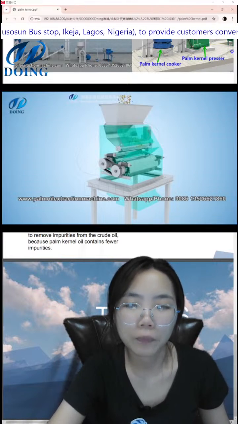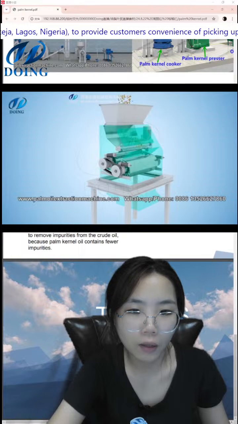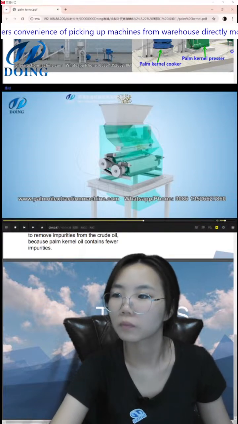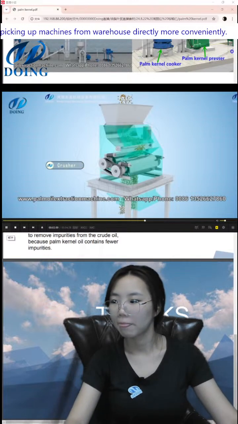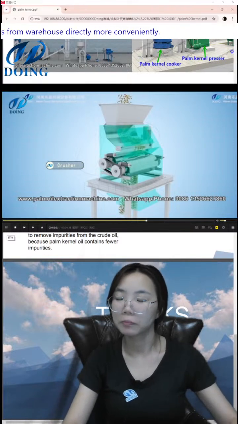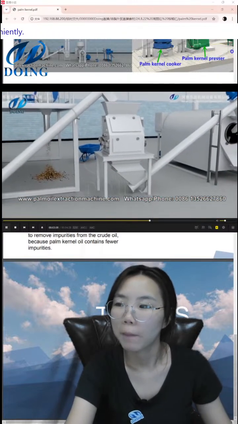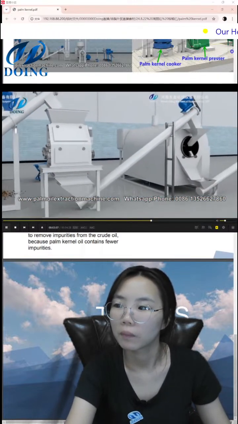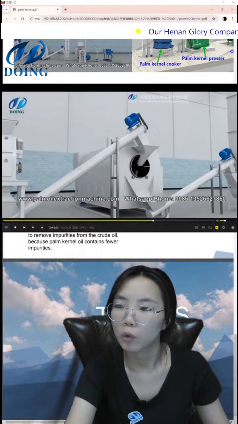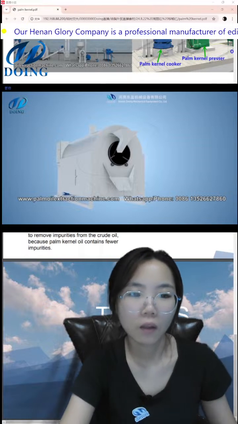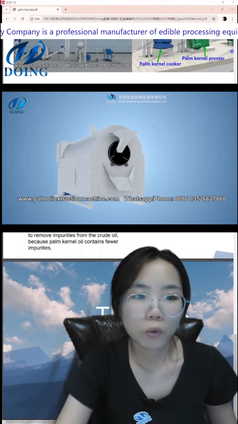The crushed palm kernel enters the cooker. So after the crusher, the palm kernel goes into the cooker. This is a cooker.